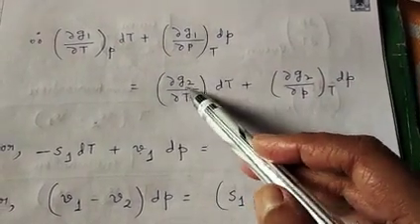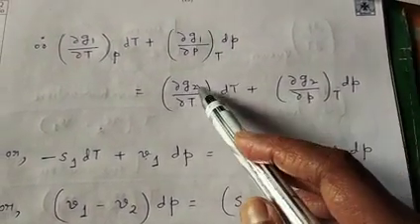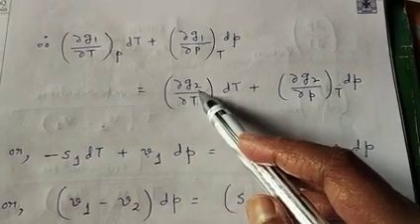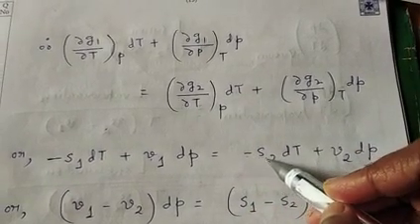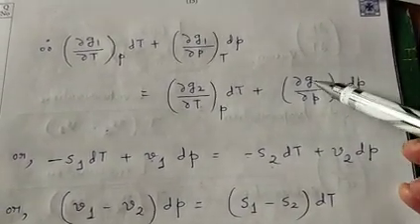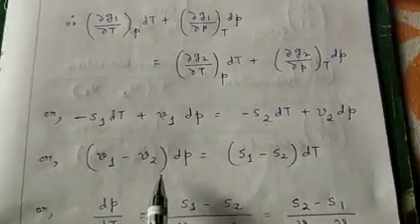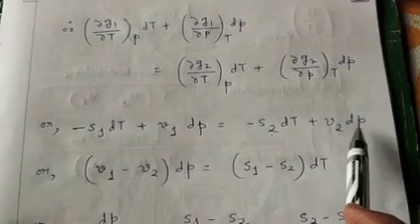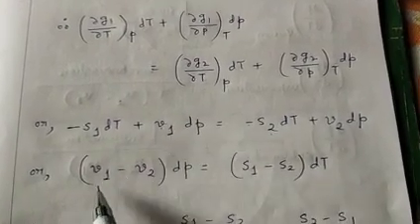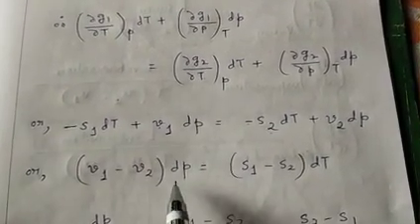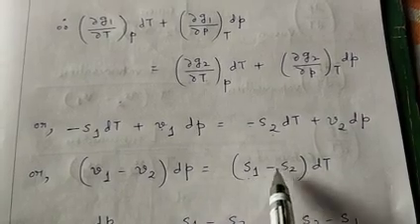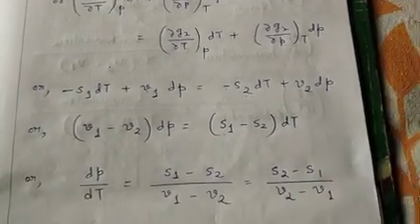Similarly we know del G del T at constant P is minus S, but it is for G2, phase 2, so it will be minus S2, and del G2 del P at constant T will be V2. Now in the next step, we are taking all the dP terms together, so we have V1 minus V2 into dP equals S1 minus S2 into dT.